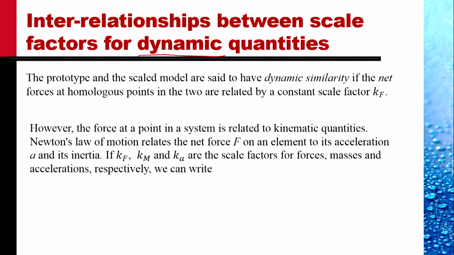However, the force at a point in a system is related to kinematic quantities. Newton's law of motion relates the net force F on an element to its acceleration A and its inertia. So if Kf, Km, and Ka are the scale factors for forces, masses, and accelerations respectively, we can write: force is equal to ma gives us Kf, the force scale factor, would be Km times Ka.